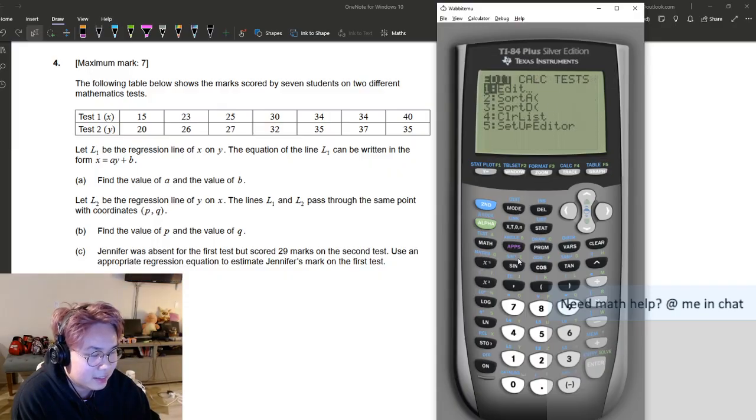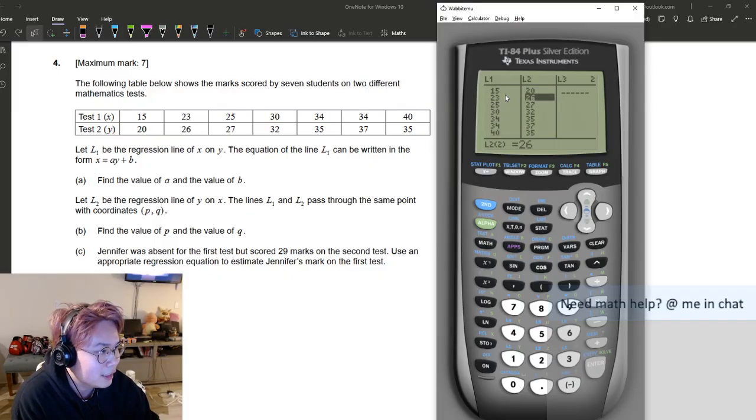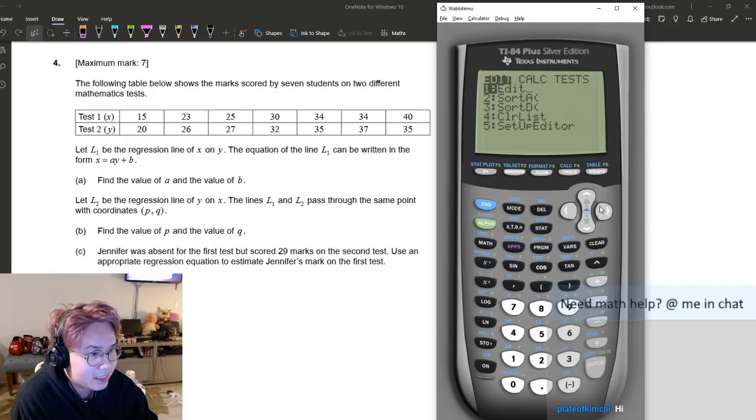You go to stat and then you can press edit, number 1. And you can see I did this last time, so the lists are still here. List number 1 was the x's, and then list number 2 was the y's. And we go back to stat, and then we go to the calculator section, and we want a linear regression.